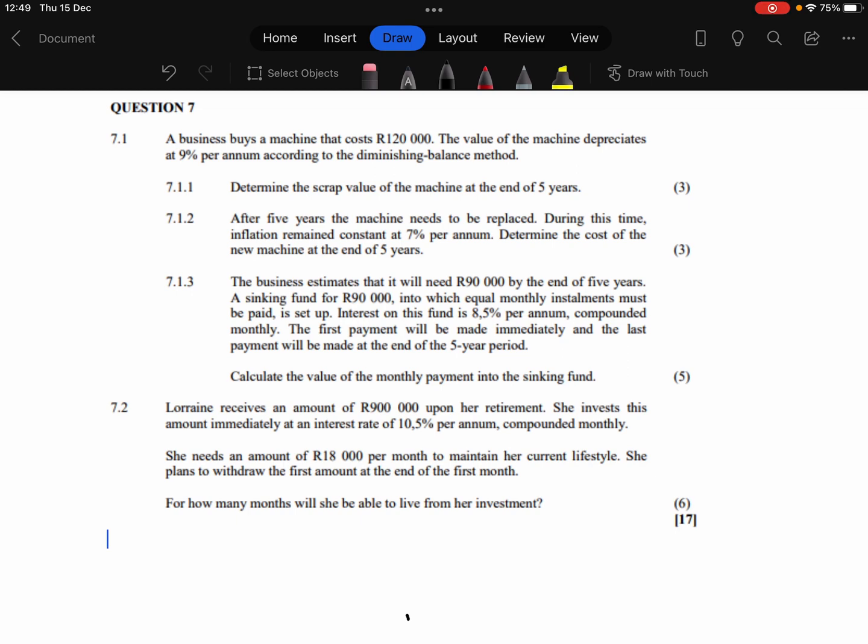Okay, so we know that the formula is going to be A is equal to P(1 - i)^n. Why is it minus? Because it's depreciation, so the value will decrease over time.